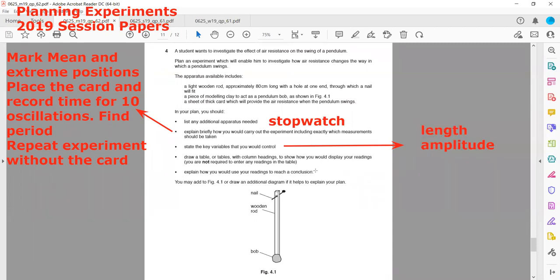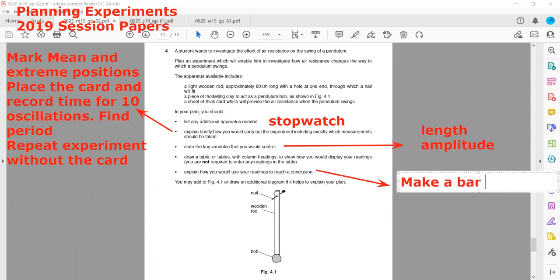We can plot a graph, or we can make a bar chart between the time period and the pendulum bob, without card and with card, and we'll compare the time periods.